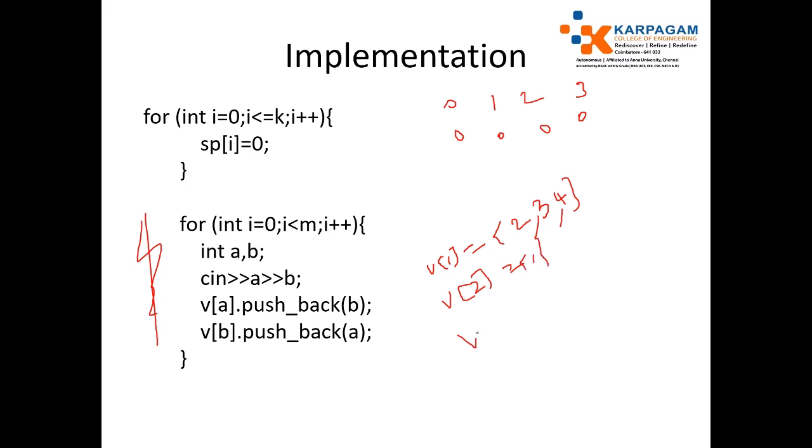Then since it is a bidirectional graph, V of 3 contains the value 1, and V of 4 contains the value 1. So you record vertex and edge information by using the vector.